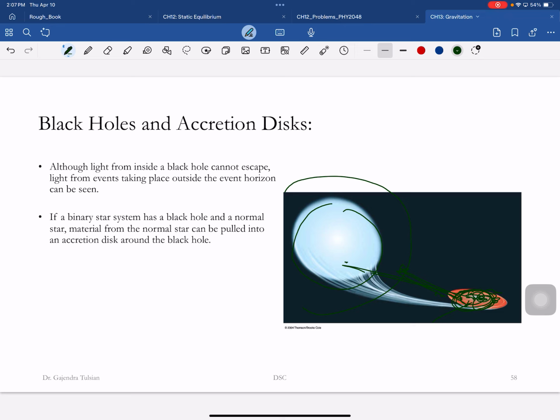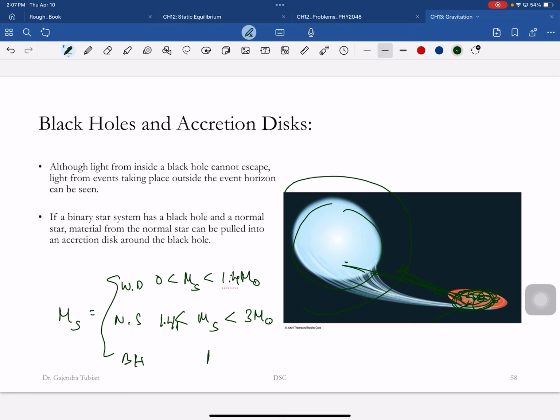Okay. By the way, when the mass of the star is less than 1.4 solar masses, then he becomes a white dwarf. A neutron star, if the mass of the star is between 1.4 and 3 solar masses, and it's a black hole if the mass of the core of this is greater than 3 solar masses.